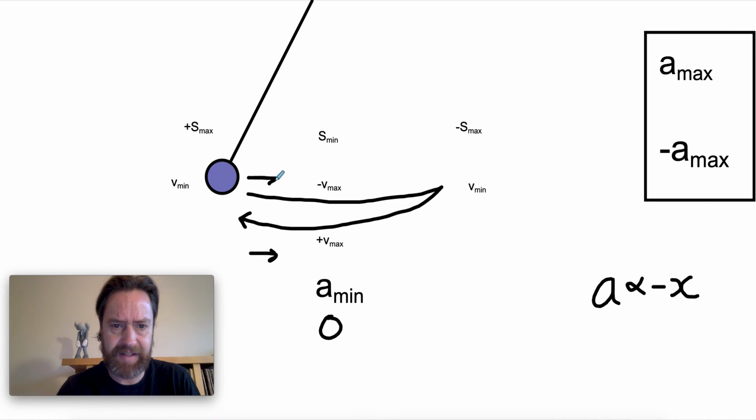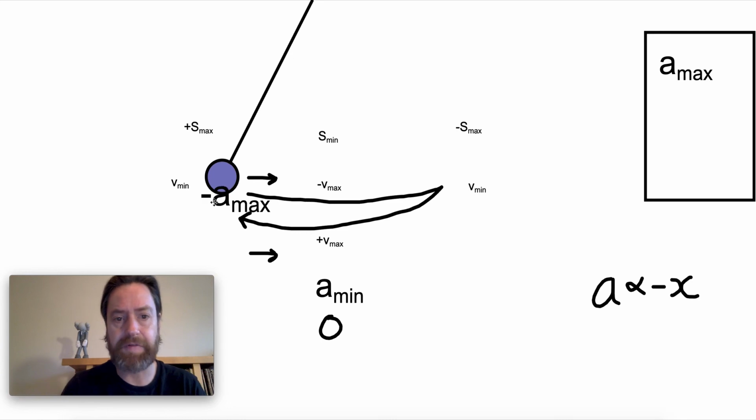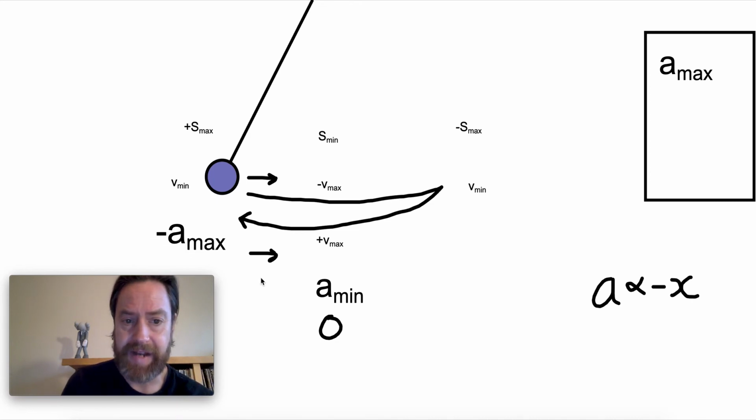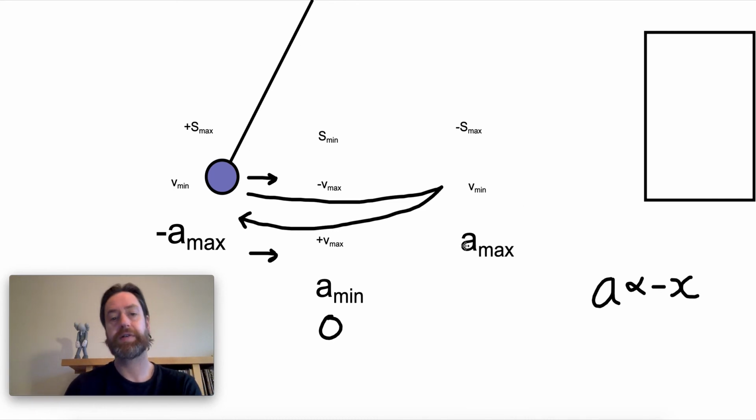That's telling us that the acceleration is making it move towards, or increase in velocity towards the negative side. So this has the maximum negative acceleration when it's over to this side. It has the maximum positive acceleration when it's over the other side.